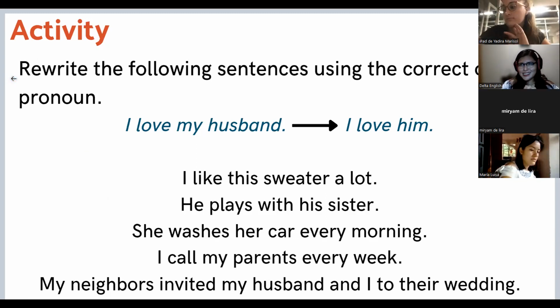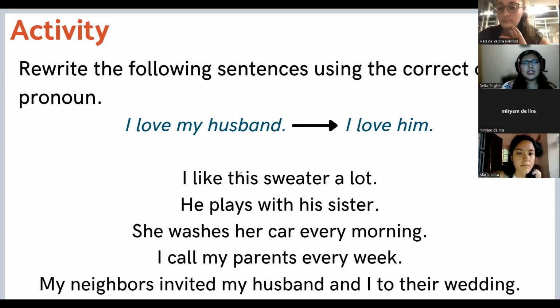Alrighty, so let's get checking. My original sentence says, I like this sweater a lot. Miriam, how do I transform it? How do I change it?